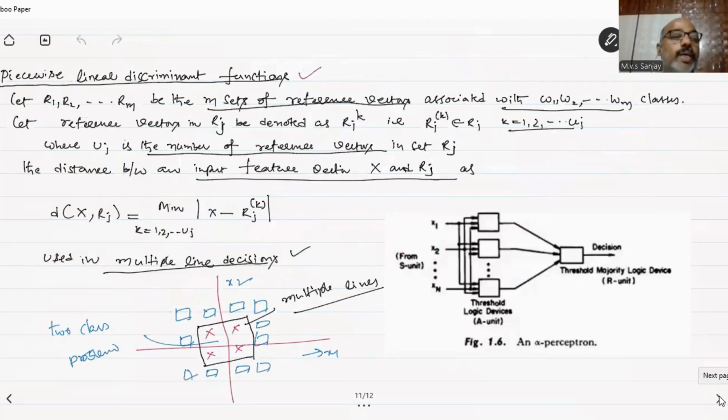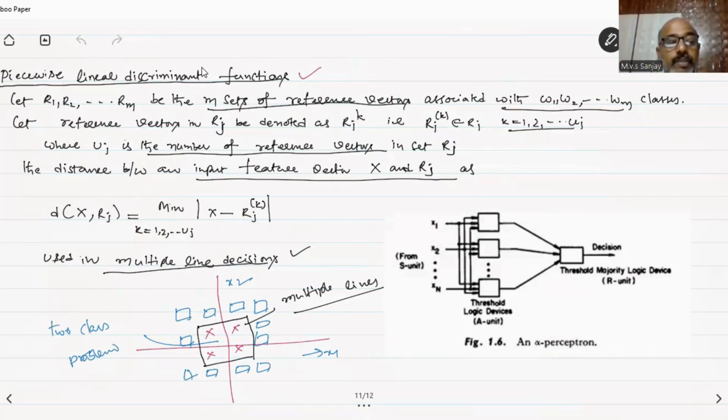Now, piecewise linear discriminant functions. Why do we go for piecewise linear discriminant functions? Compared to linear discriminant functions, where we have only one straight line separating two classes, in reality it may not always work.